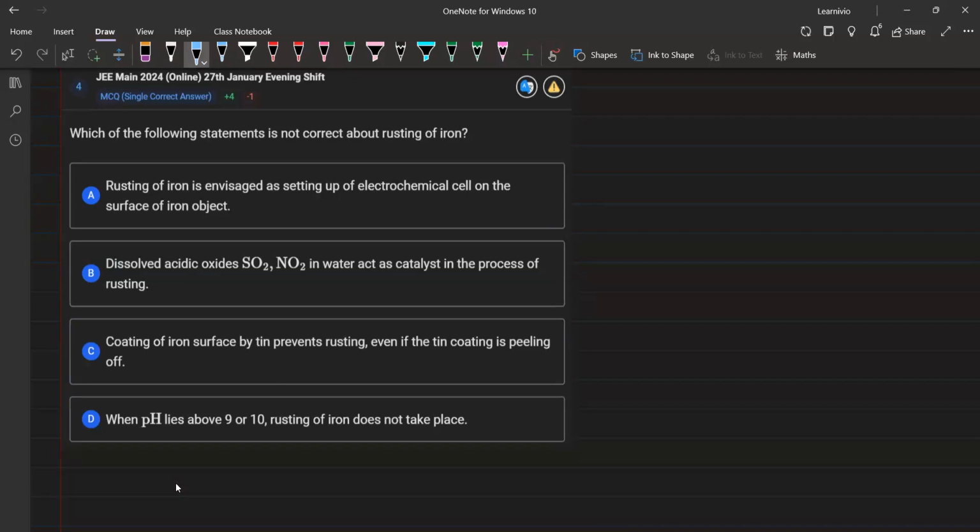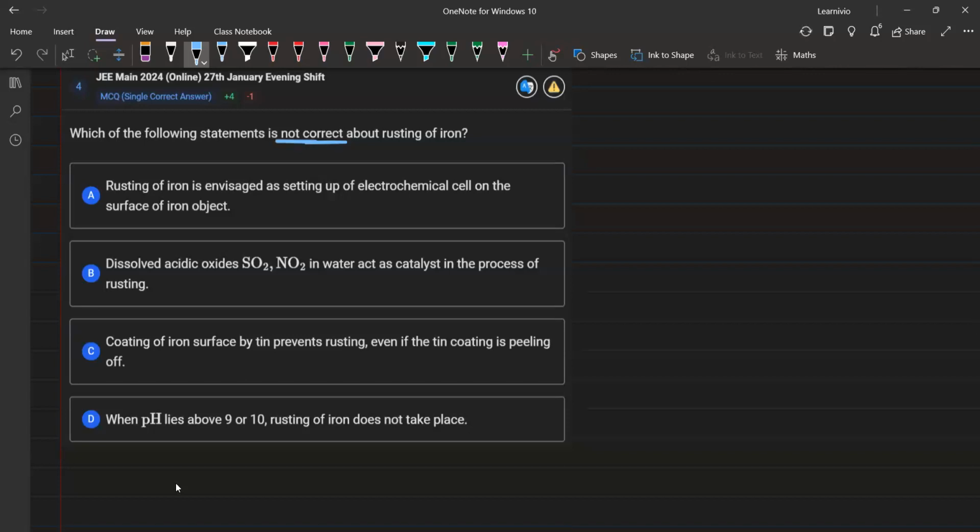Please see which of the following is not correct. By the way, envisaged means it can be imagined, right?